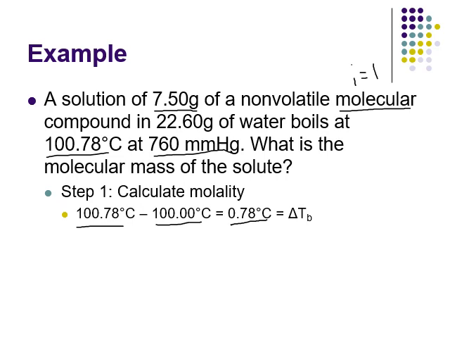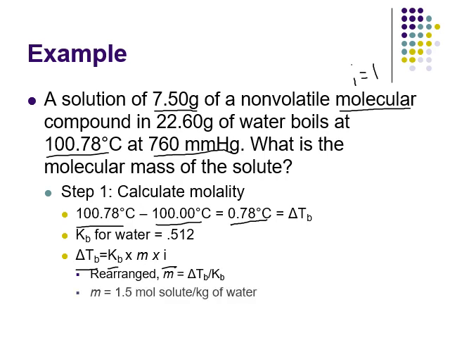We're starting with delta T sub B equals K sub B times m times I, and we're using that to solve for molality. We find the K sub B of water is 0.512. We looked that up in the book. The I, or the n, was 1. So we know this, we know this, we know this. We can solve for molality, and the molality is 1.5. So the molality is 1.5 moles of solute per kilogram of water. That's our first step.